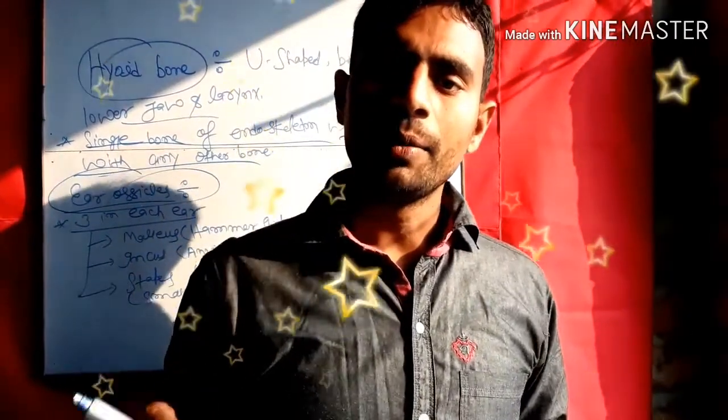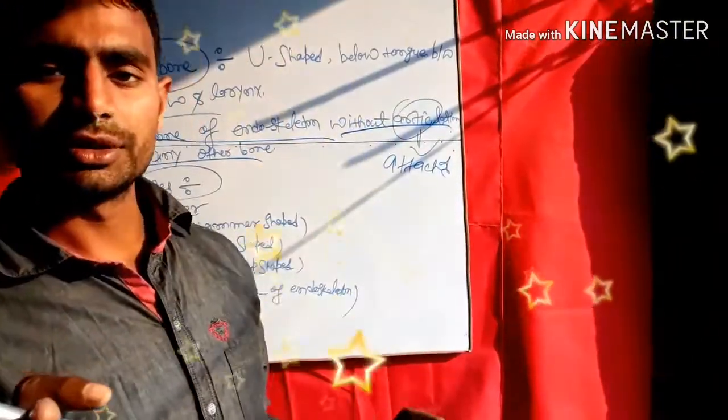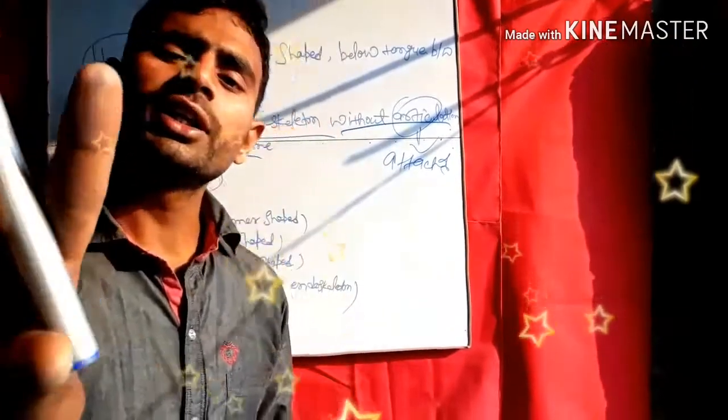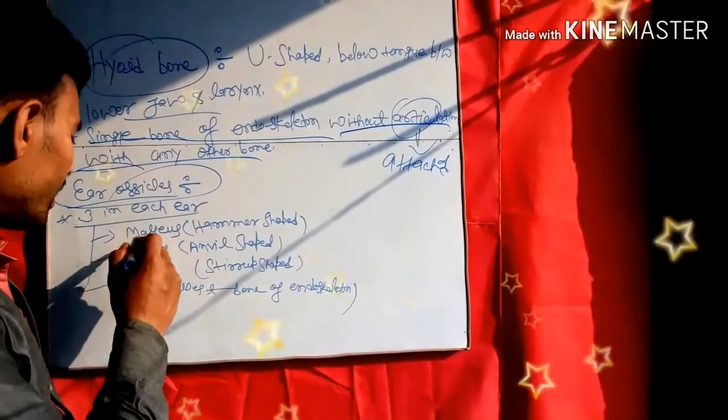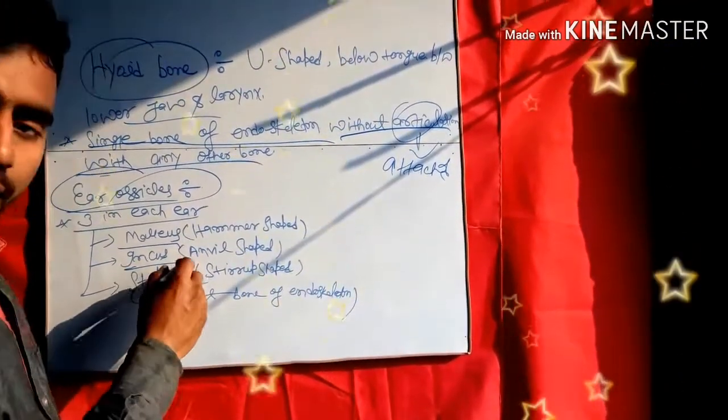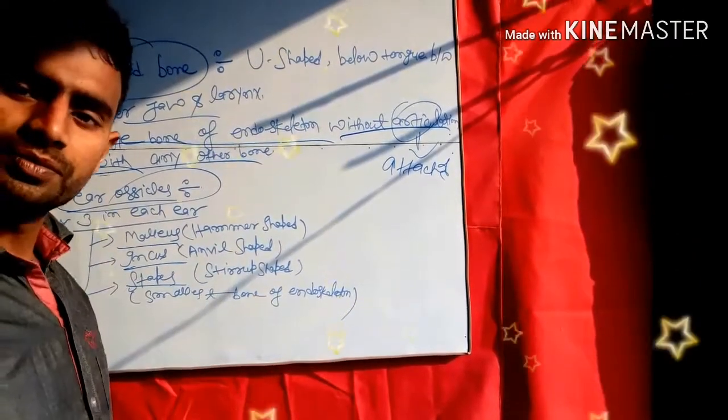Each ear has 3 bones, that is malleus, incus and stapes.